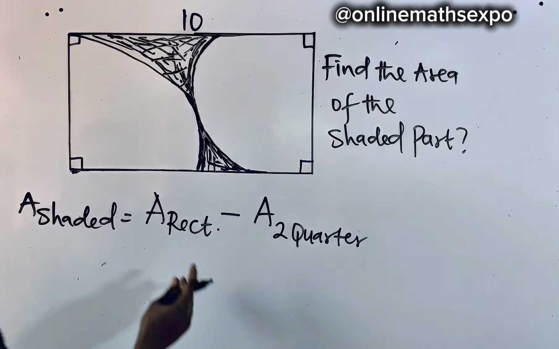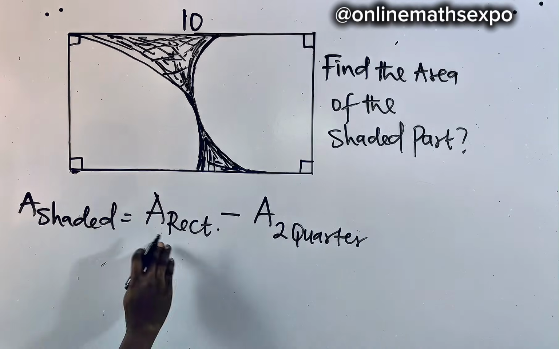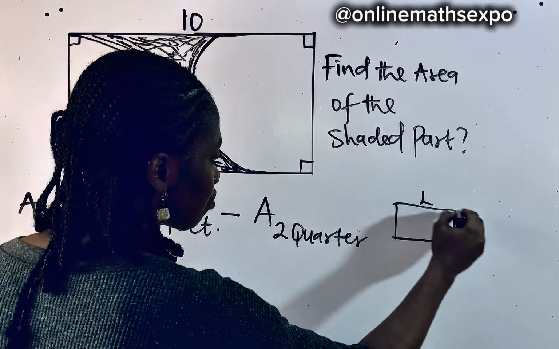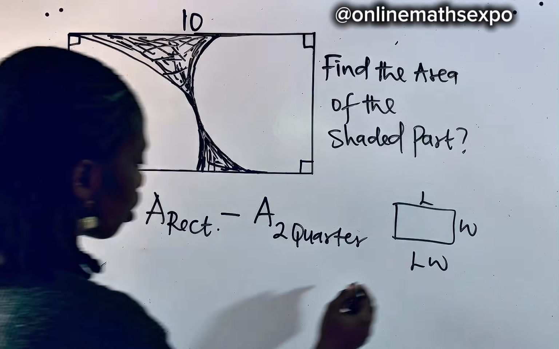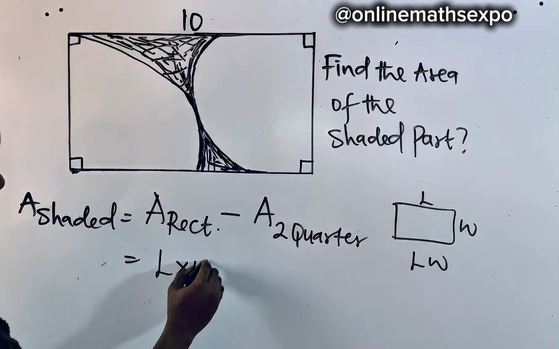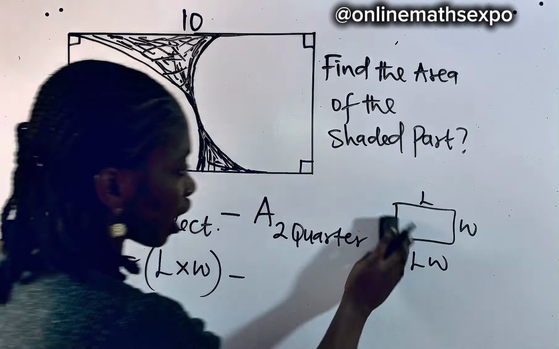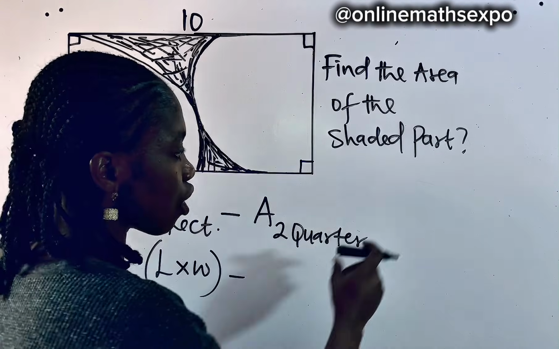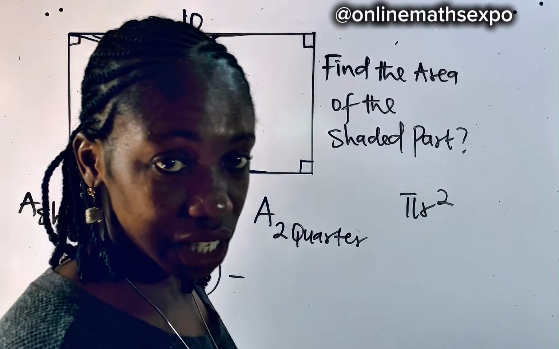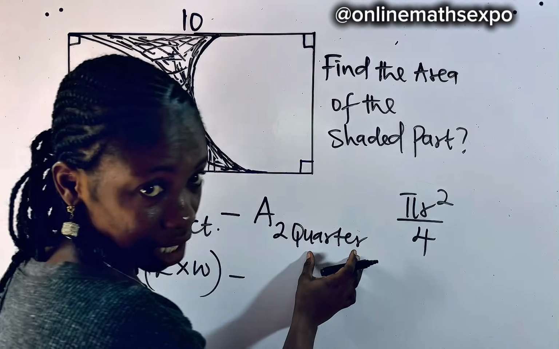Now, since the two of them are the same, remember, to find the area of a rectangle, it's always the length multiplied by the width. So for the rectangle, it is length multiplied by width, minus, for the quarter circle, you know that the area of the circle is pi r squared. When you get the area of a circle and divide it by 4, it gives you that of a quarter.